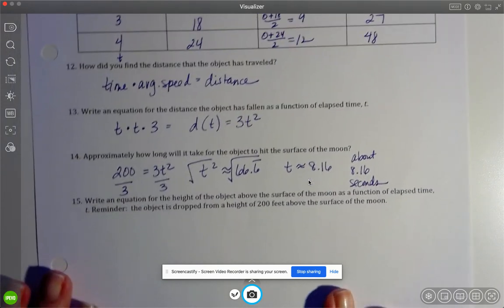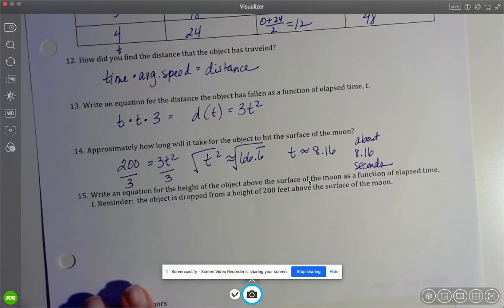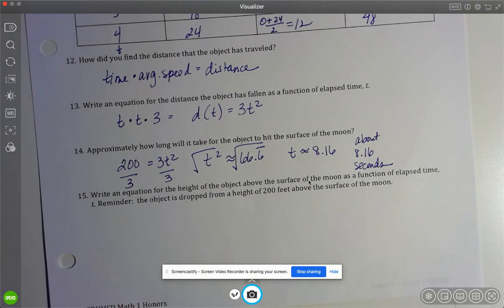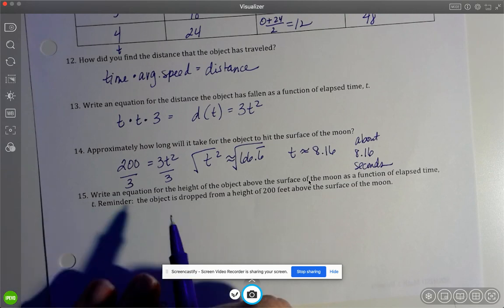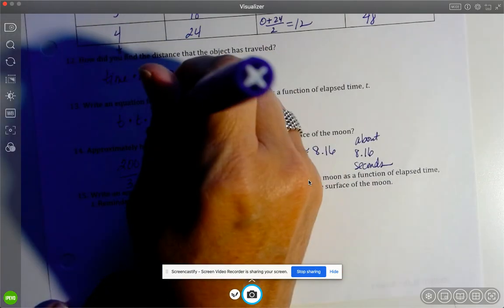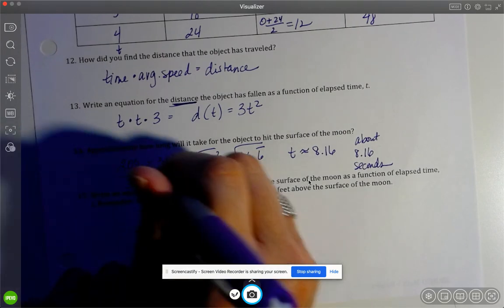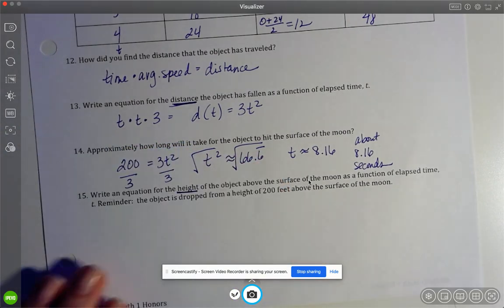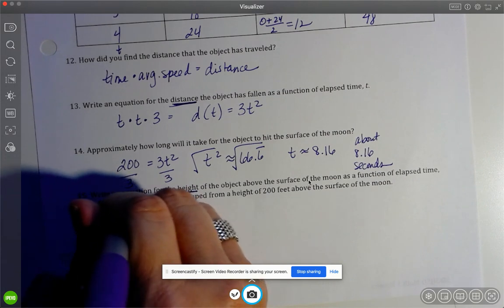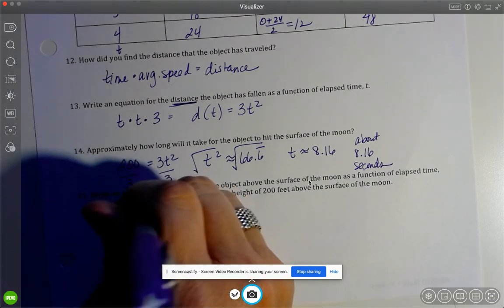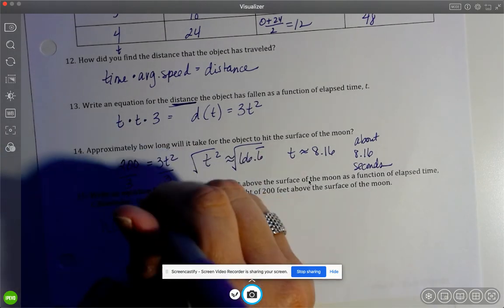So write an equation for the height of the object above the surface of the moon as a function of elapsed time, t. Reminder, the object is dropped from a height of 200 feet above the surface of the moon. So you might be thinking, oh, we already wrote an equation. Well, this is the equation for the distance it's traveled. But this is an equation for the height. So I really want h of t. What's the height at any given time? So if I want the height at any given time, then I take the total height, right?